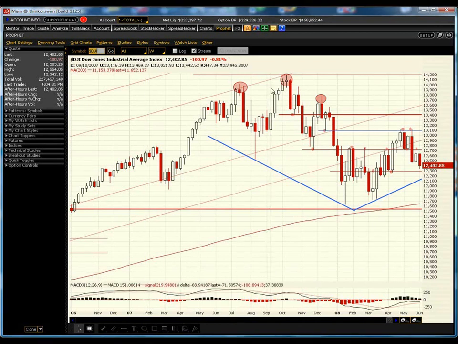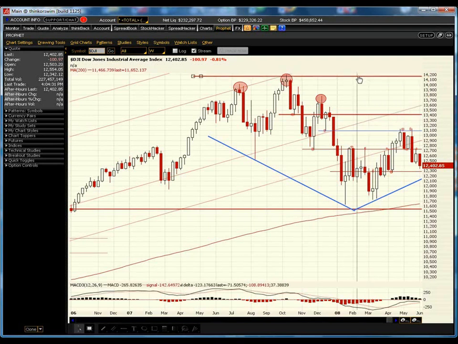Now that we've gotten to this point, a lot of people said there was going to be a very significant resistance level at 15,000, but what has actually happened is we hit a fairly significant resistance level at 14,000.